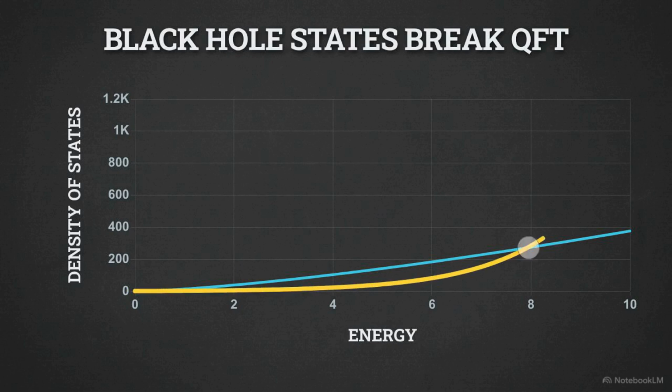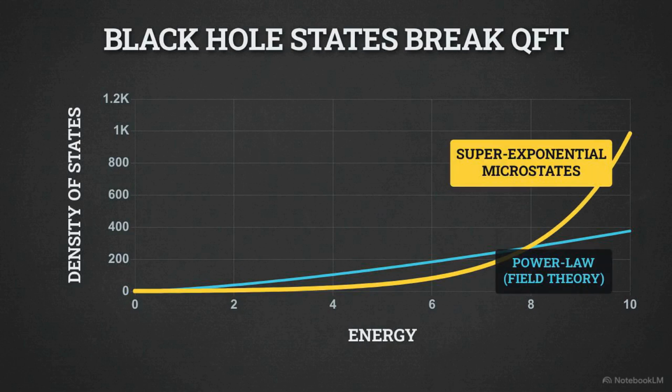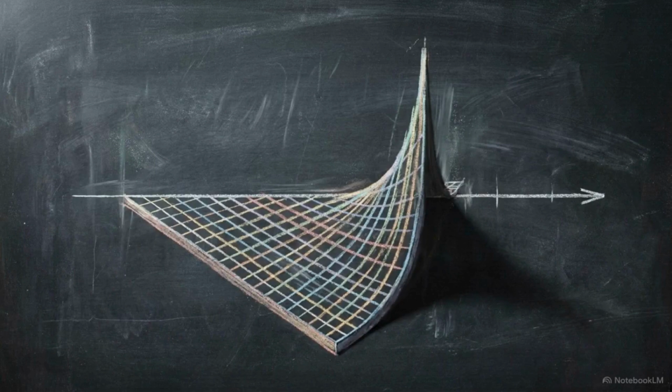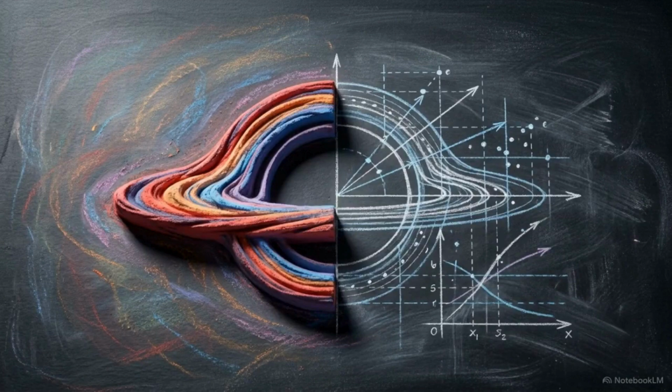At high energies, the black hole microstates massively overpower the field theory parameters. This super exponential scaling breaks the Callan-Lehman integral representation, which is a structural necessity for defining a canonical partition function in any field theory. A mathematically consistent quantum field theory of gravity requires us to abandon the standard thermodynamic interpretation of black hole microstates.